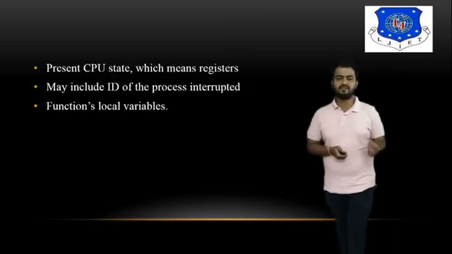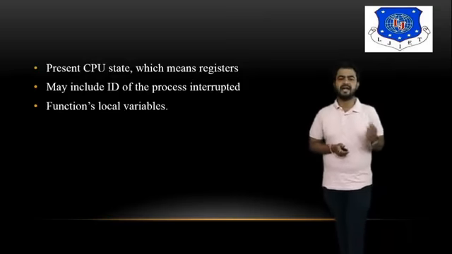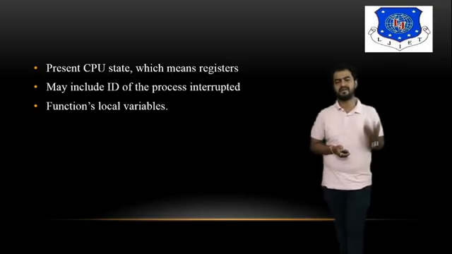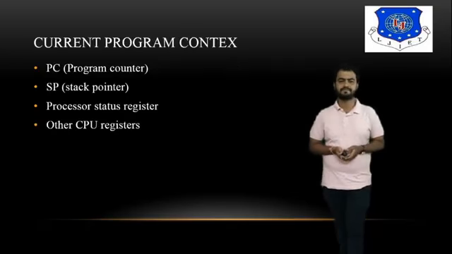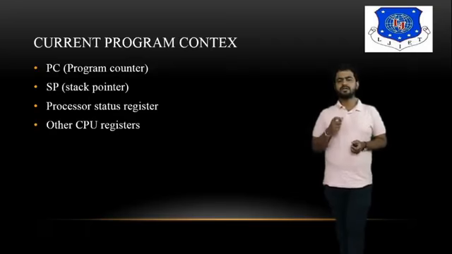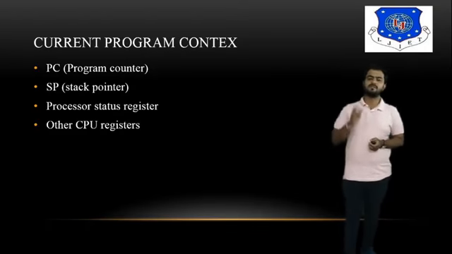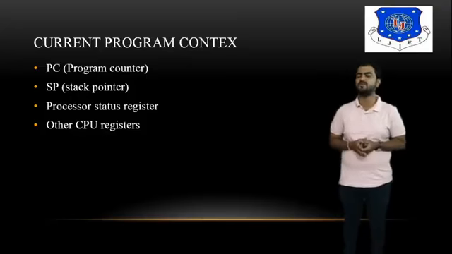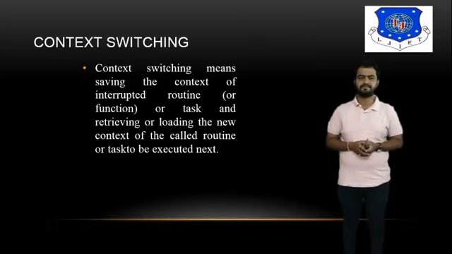The present CPU state, which means the registers, may include the ID of the process interrupted or function number. Now, the current program context, what exactly does the context contain? As I already told you, it contains the program counter, stack pointer, processor state registers, and other CPU registers.